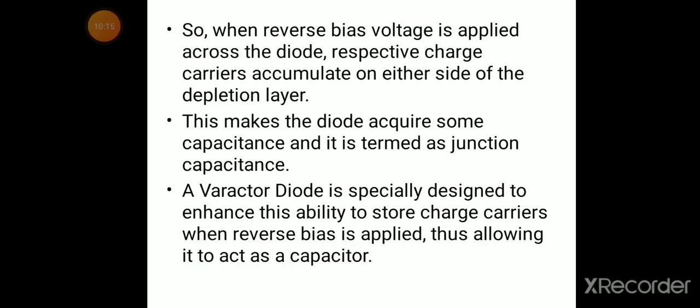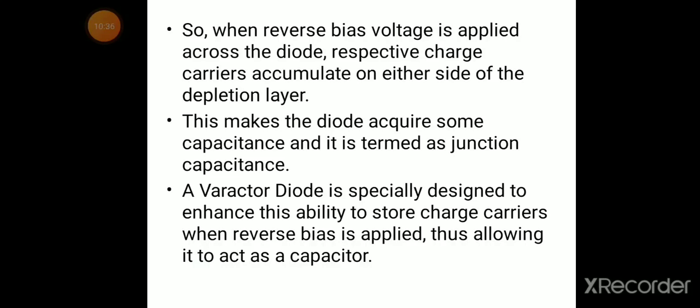This makes the diode acquire some capacitance and it is termed as junction capacitance.